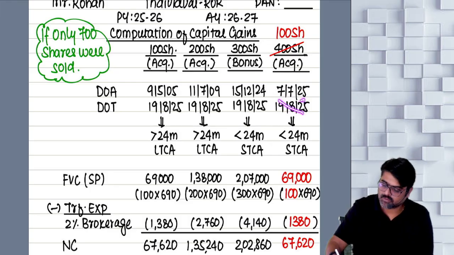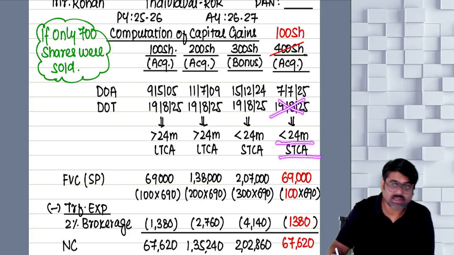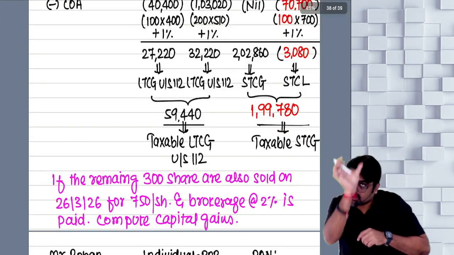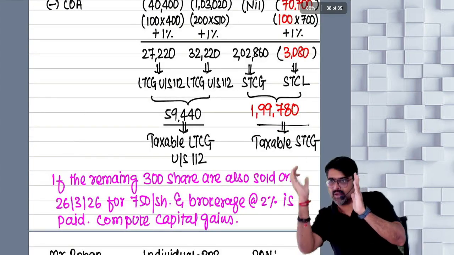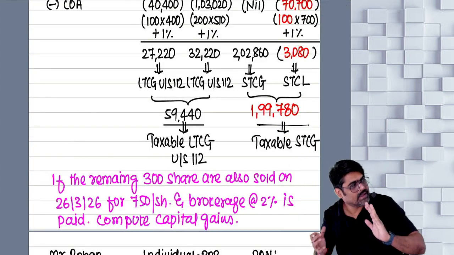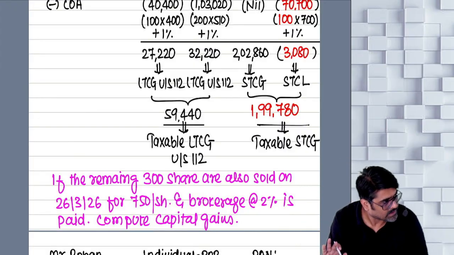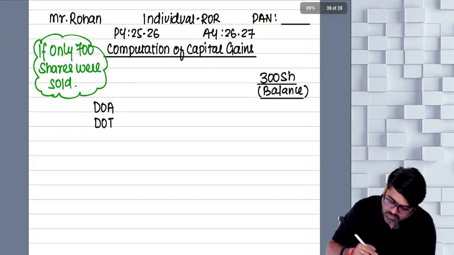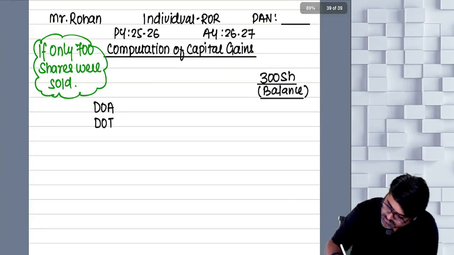But the date of transfer would not have been 19th of August, it would have been 26th of March. Still the period of holding is less than 24 months and the asset is short term. Getting my point? So that extra column I am making.